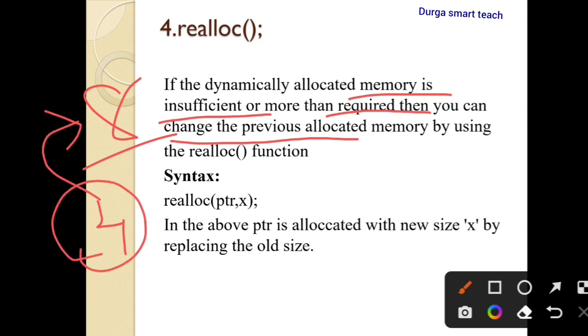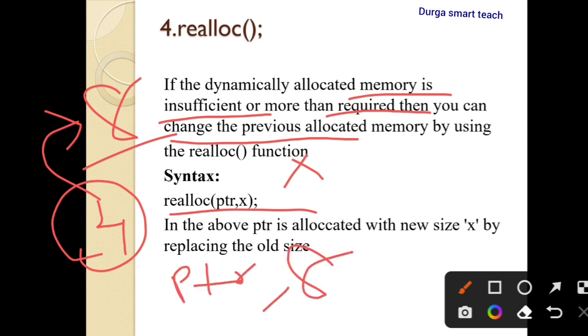In that situation we need to use the realloc function. So here realloc ptr comma x, where x is used to change the memory size. In the above, ptr is allocated with the new size x by replacing the old size. So ptr comma 8 means the new ptr stores 8 bytes of memory. In this way you can reallocate the memory.